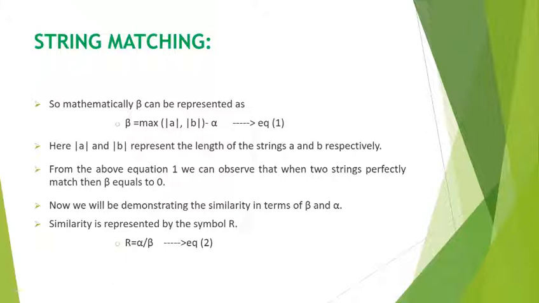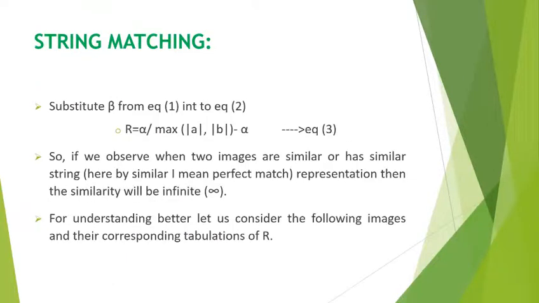Now we will be discussing the similarity of both images. Similarity R can be represented as the ratio of the number of symbols matching in both strings divided by the number of symbols which are different in both strings. So if we substitute beta from equation 1, which is the maximum of length a comma length b minus alpha, in equation 2, we get R equal to alpha divided by maximum of mod a comma mod b minus alpha.